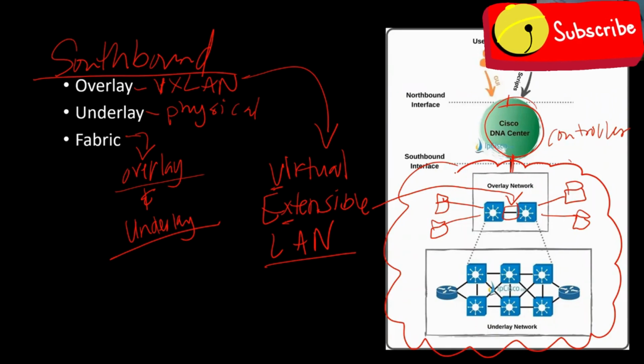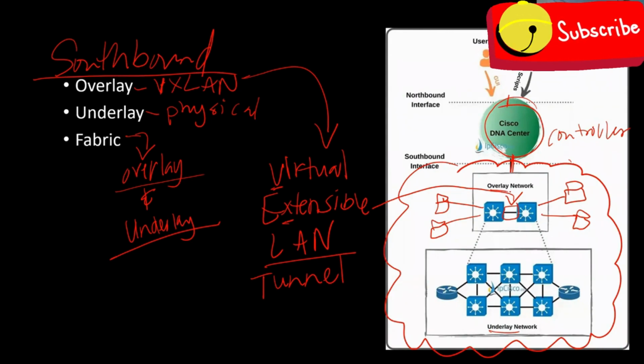Our overlay is our logical sense, right? Because it's going to create this virtual extensible LAN tunnel that provides this type of special data transfer between these fabrics, right? And within the fabric are our underlay and our overlay. We have different fabrics, different LANs, because we're talking about one LAN. We know what a LAN is, right? It's local. So obviously we're going to have more than one LAN in our environment.